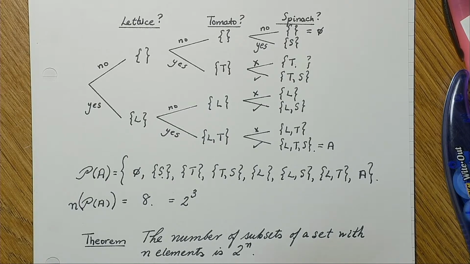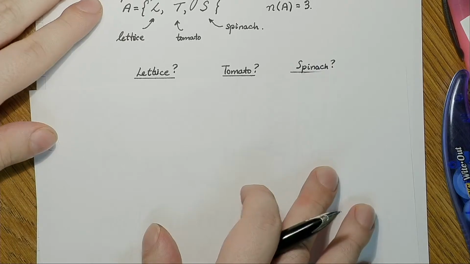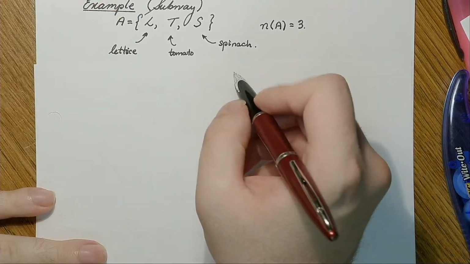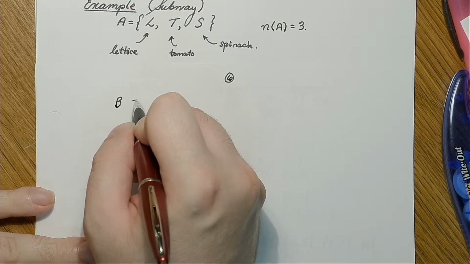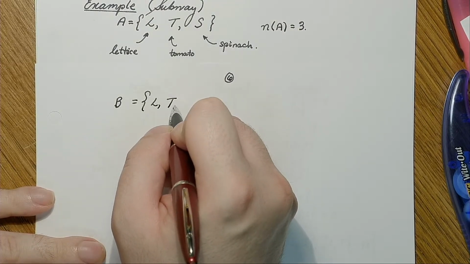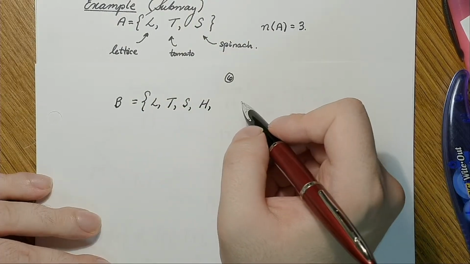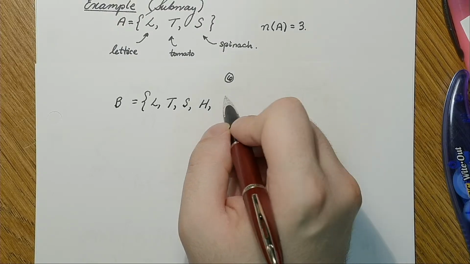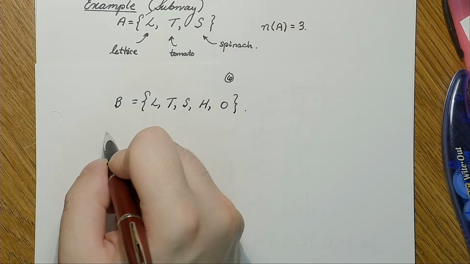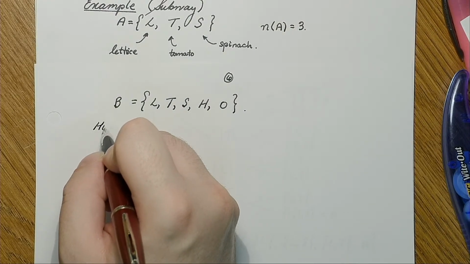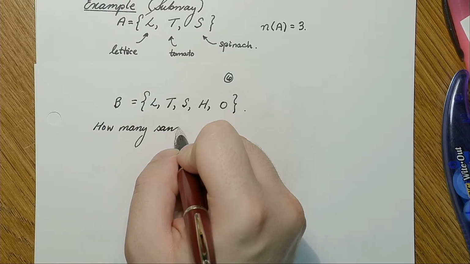Because we've generalized that, instead of me having to list them out, let's say I have B, and we had lettuce, tomato, spinach, and they had hot peppers, and then olives. How many sandwiches could you have from that?